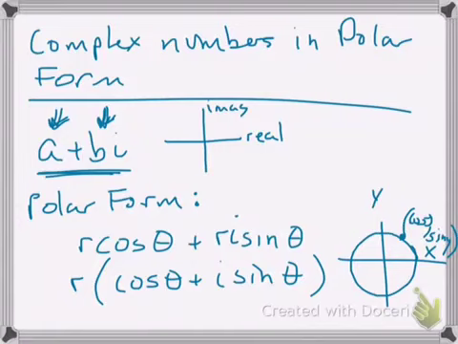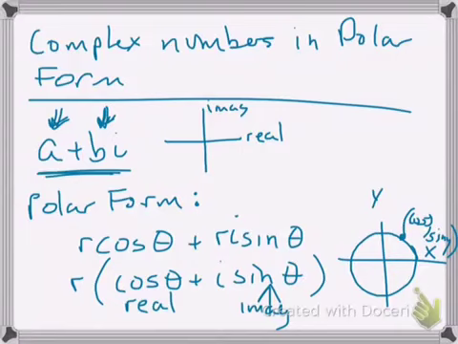So you can still see that in the polar form of the complex number. The vertical axis in the coordinate plane is related to sine, the y coordinate is sine in the unit circle, and the x coordinate is related to the cosine. So we still have our real portion and our imaginary portion of our complex number holding true.